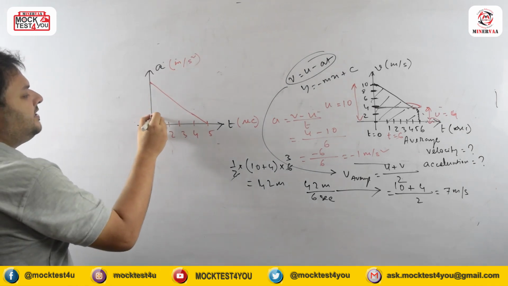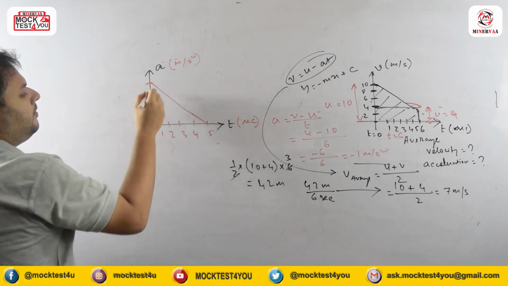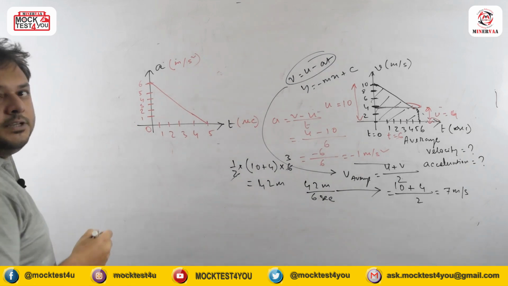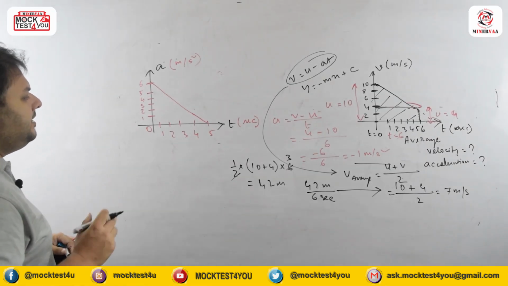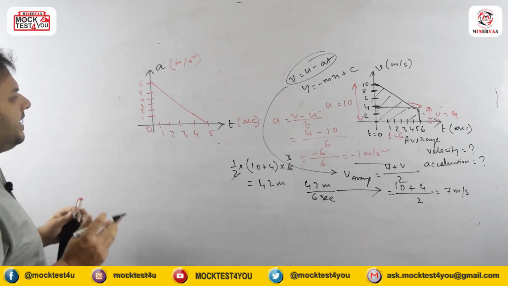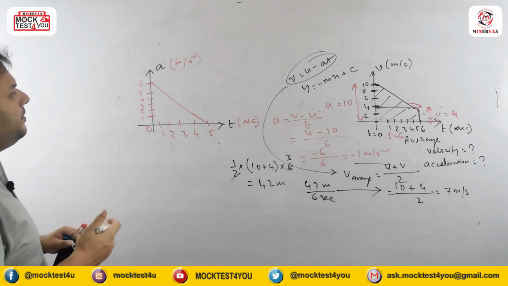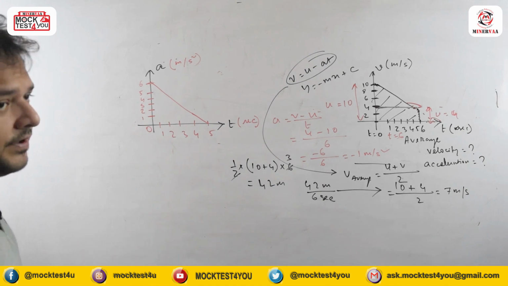Suppose it is given like 1, 2, 3, 4, 5, 6. So this acceleration time graph I have drawn, you can see here 0 to 5 seconds it is plotted, and the acceleration is showing a maximum of 6, and it is coming as 0 after 5 seconds.